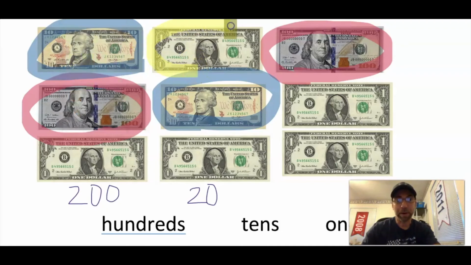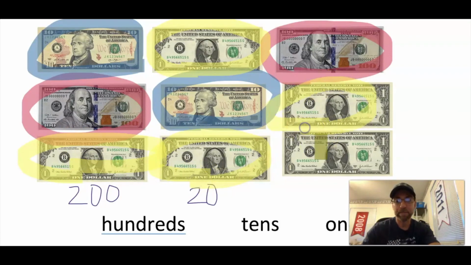Well, here's a $1 bill. And here's a $1 bill. Here's a 1. Here's another one. Here's another one. 1, 2, 3, 4, 5. 5 $1 bills. So I now have 200 plus 20 plus 5.